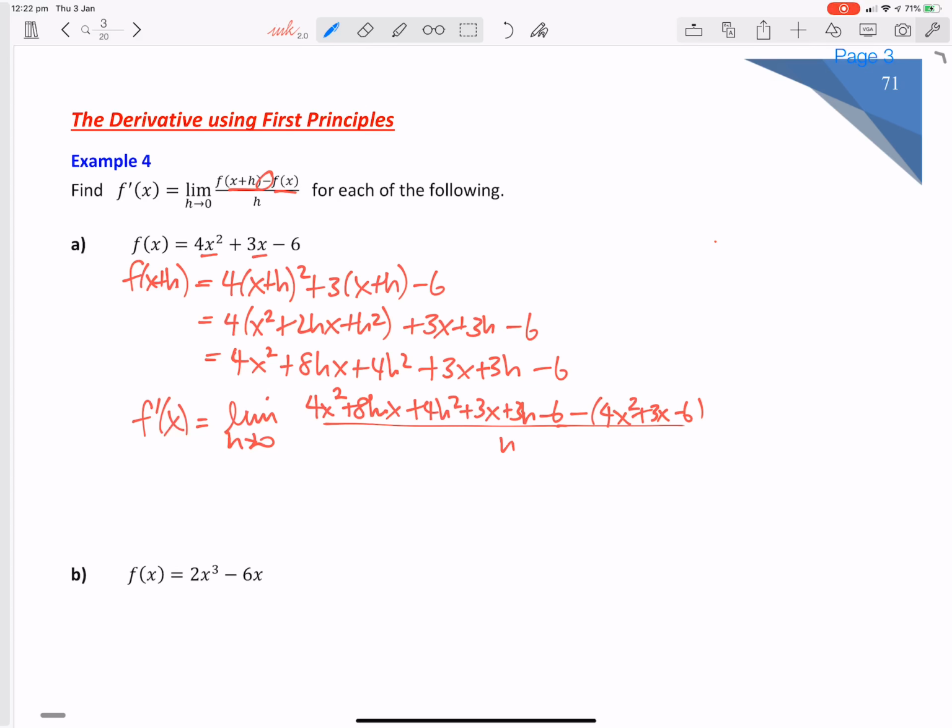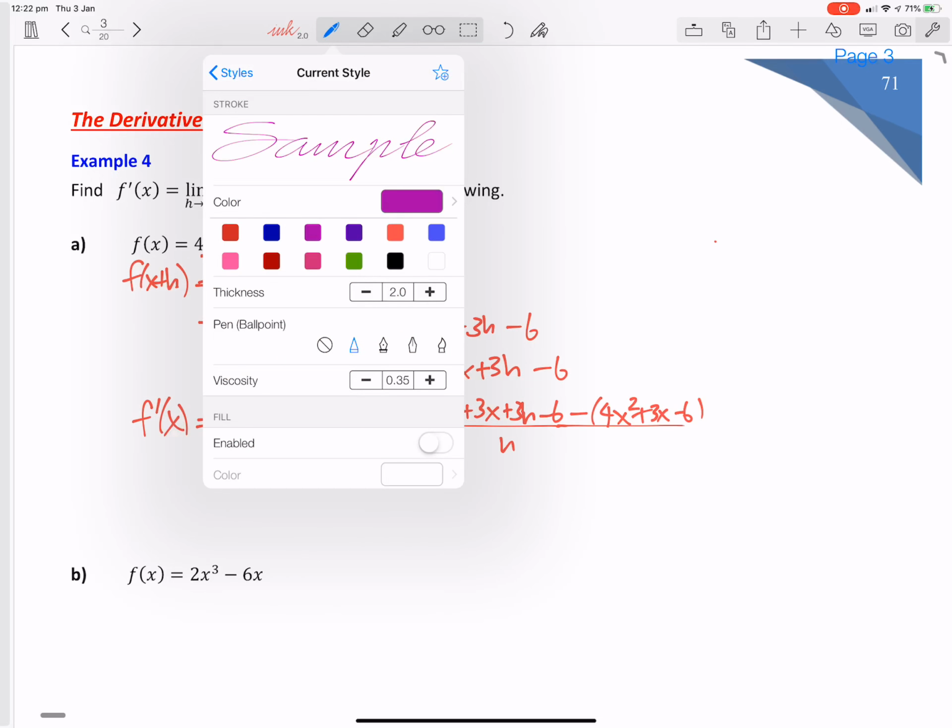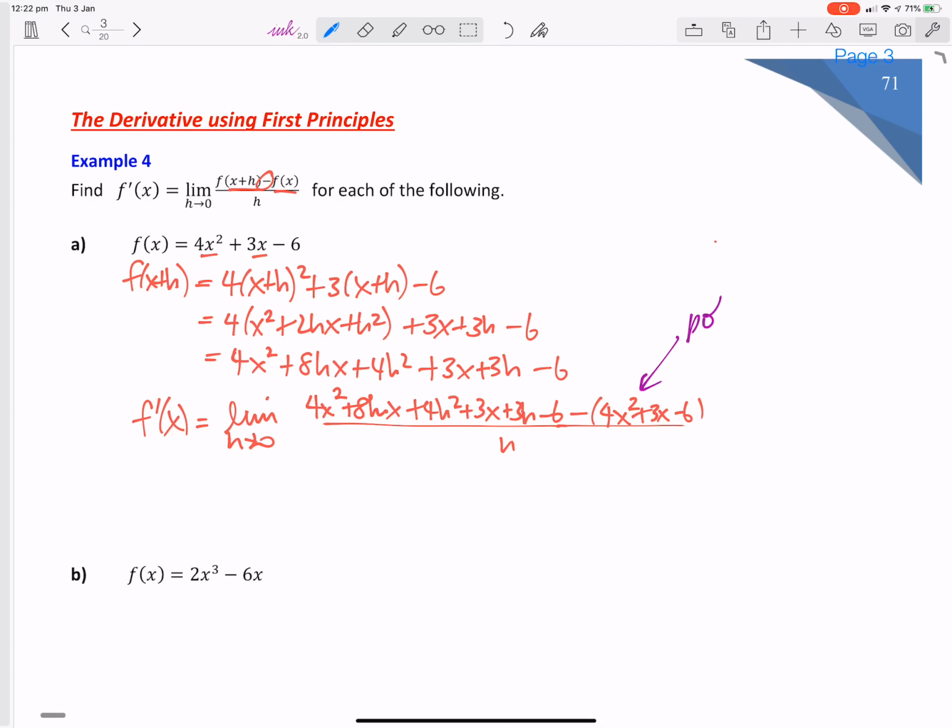Now, this, if it's a polynomial, will always cancel. So 4x squared, 3x, negative 6 minus is plus, so they cancel.